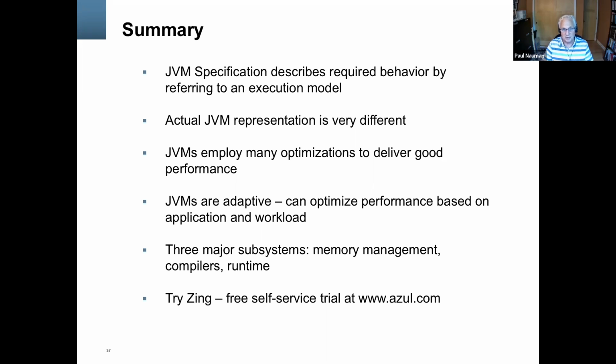JVMs are adaptive. They can optimize performance based on what's actually happening to the application at a given moment in time. And there were 3 major subsystems. Finally, if you're interested, Zing is available for free trial from Azul's website.